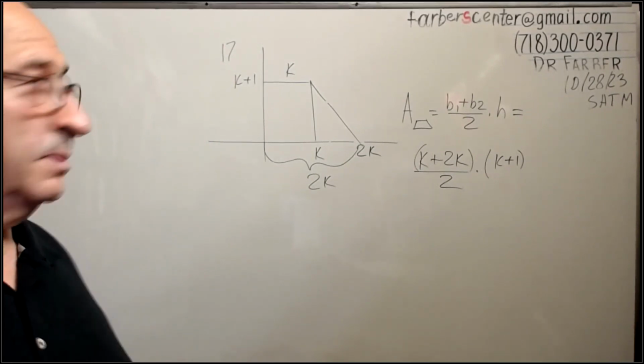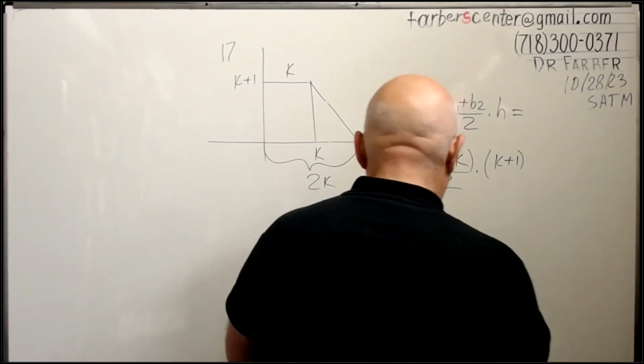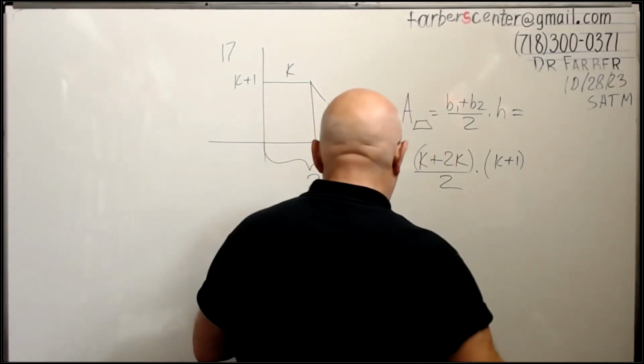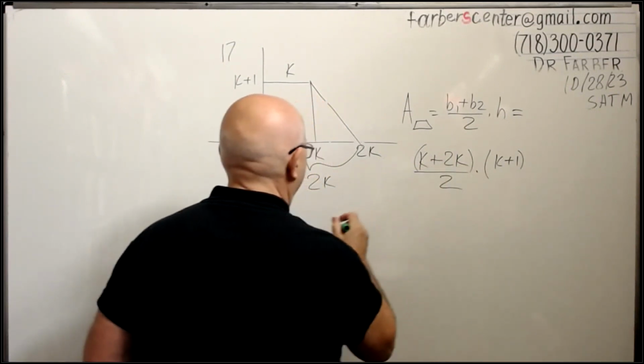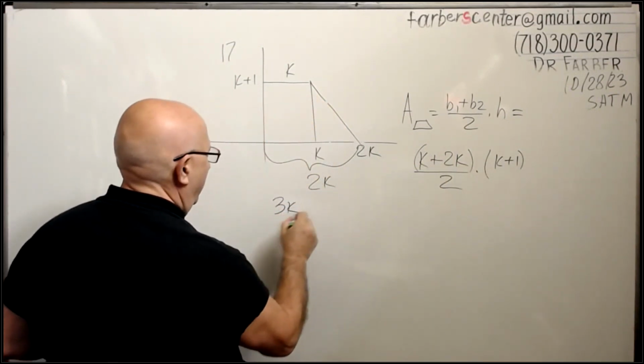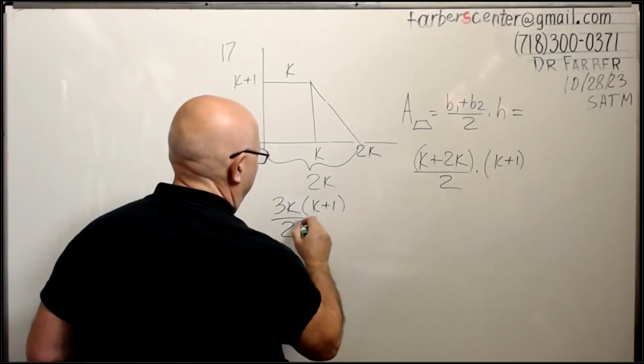Okay. Good. They give you multiple choice for this. k plus 2k, what is it? 3k over 2 multiplied by k plus 1.